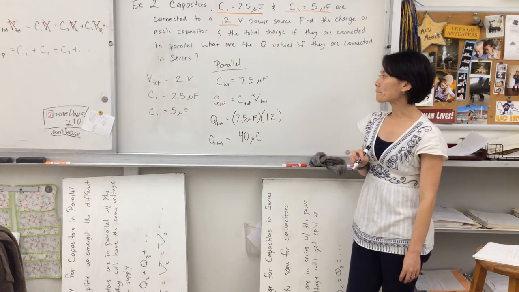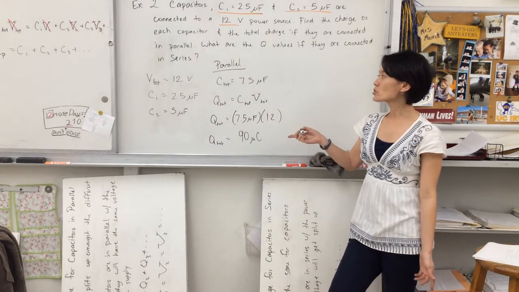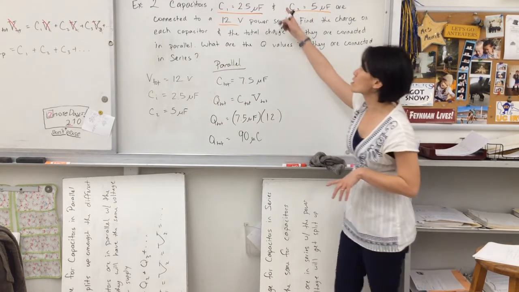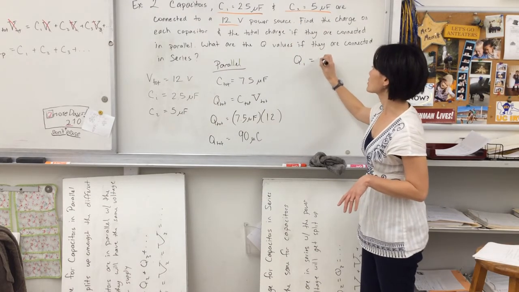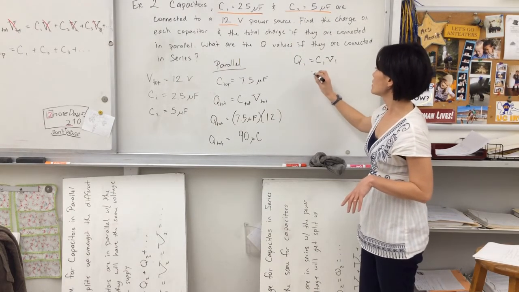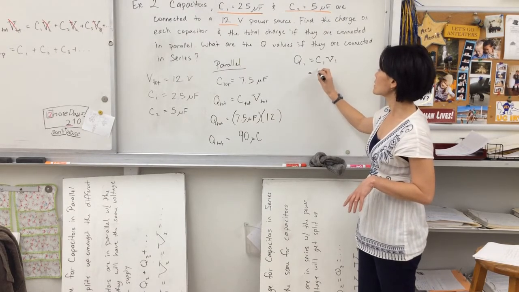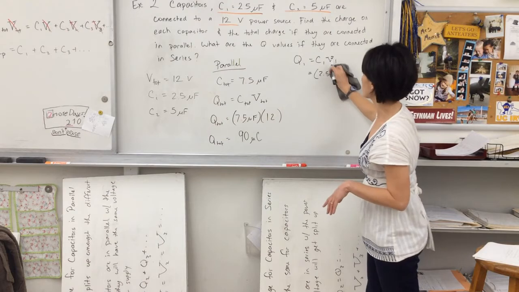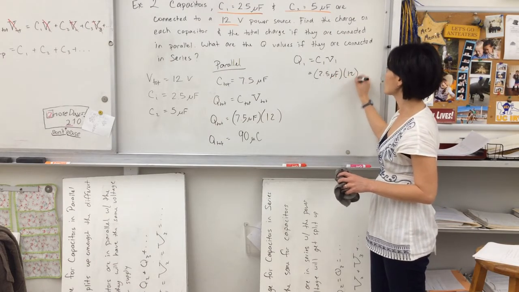Now, these capacitors aren't the same, so this is not going to get split up evenly. To figure out how much charge is on each individual capacitor, I'm just going to apply this equation individually. Q1 is equal to C1 V1, so that would be 2.5 microfarads times 12.